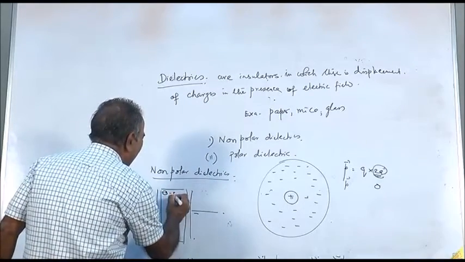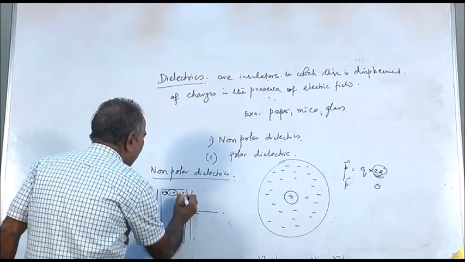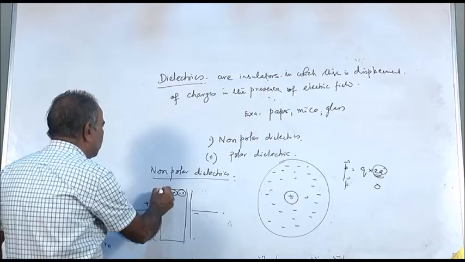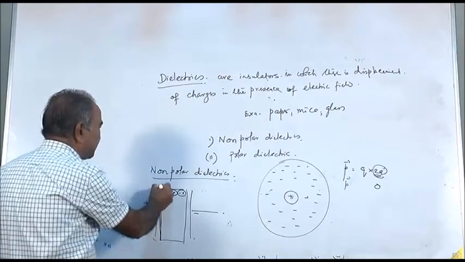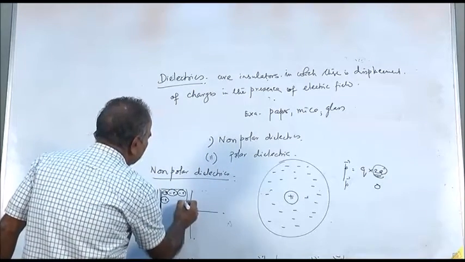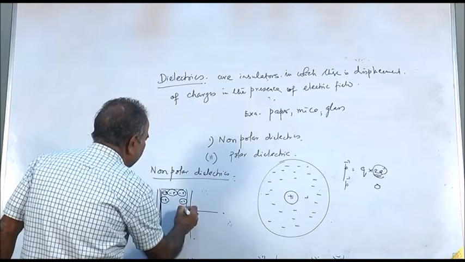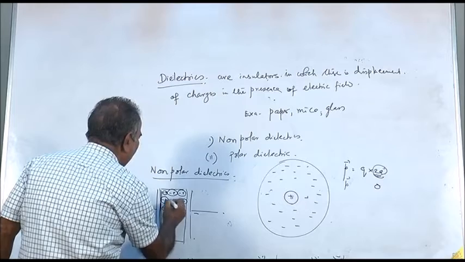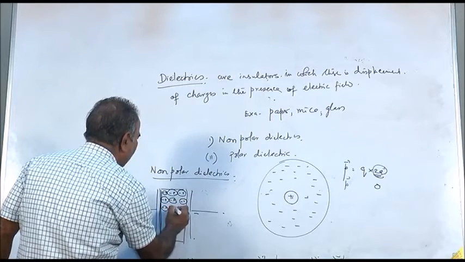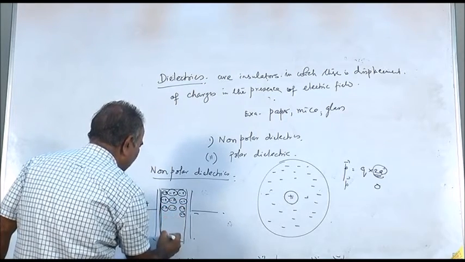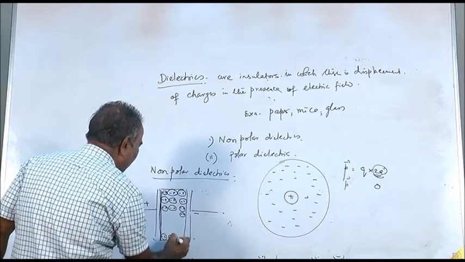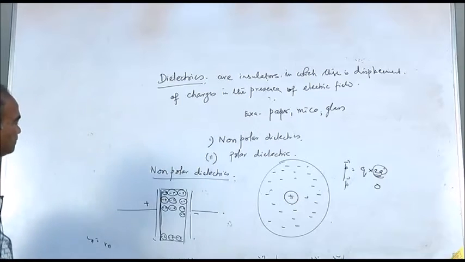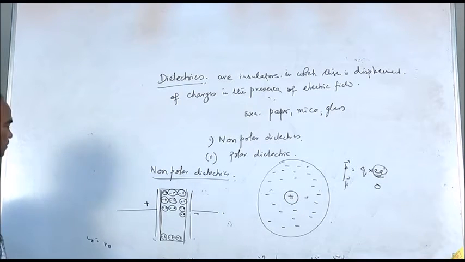So, all the negative charge will be accumulated on one face of this dielectric, and on the other face all the positive charge will be accumulated, like this, minus plus.